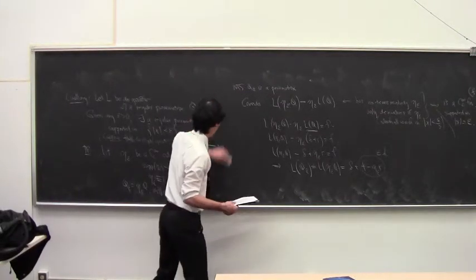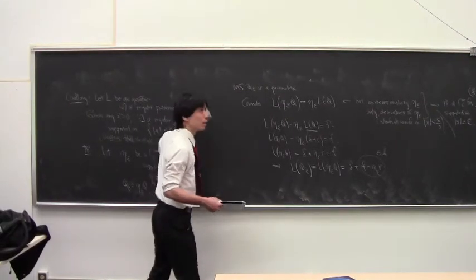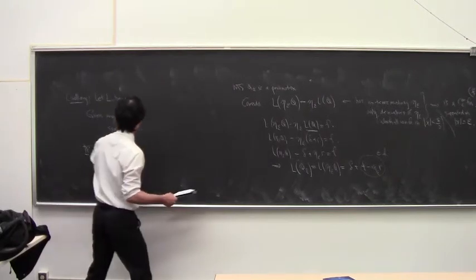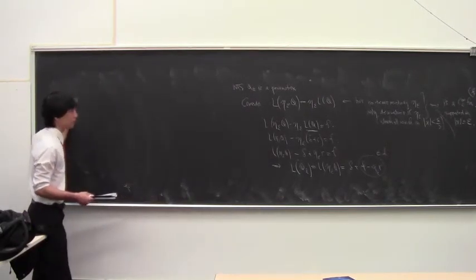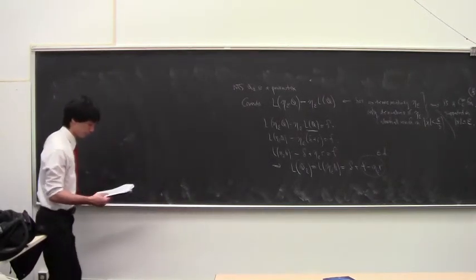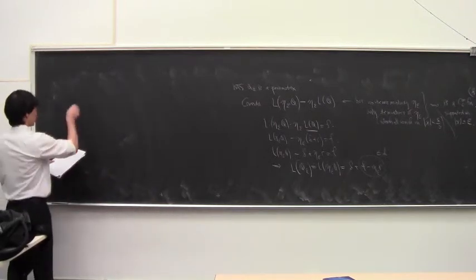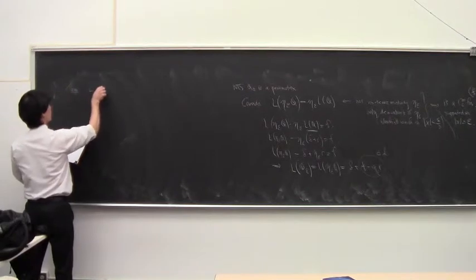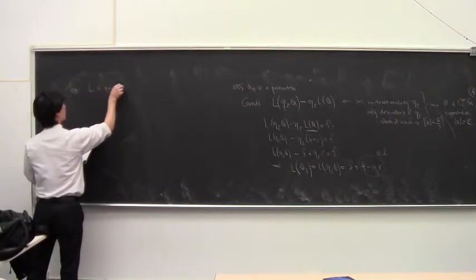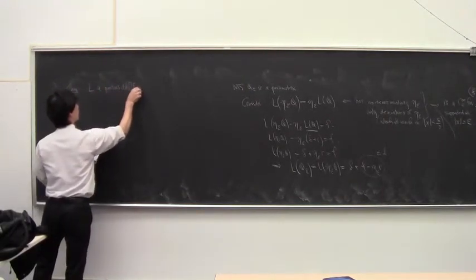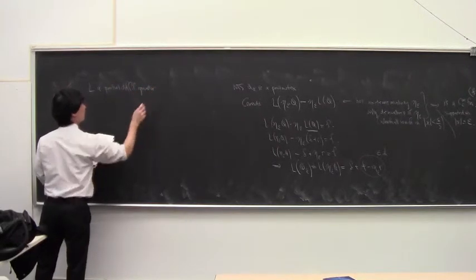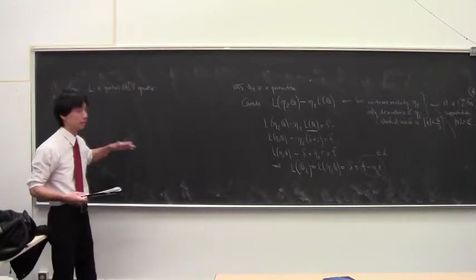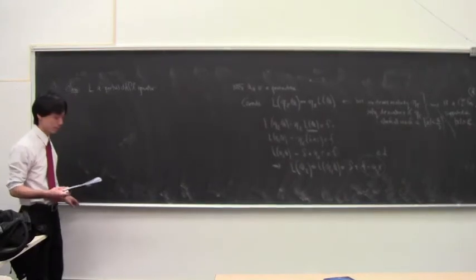Okay, so let's see if we can get the main theorem of today. L is the operator. In the proof of this theorem, we will need these compactly supported parametrices that we just read.